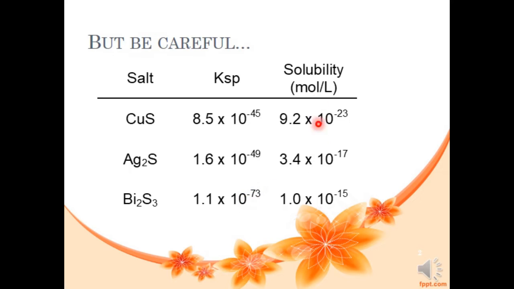However, if we look at the experimental value, the actual solubility of this bismuth sulfide salt is 1 times 10 power negative 15, which is the most soluble compared to the other two salts. So that's what I mean just now, it's not comparable if the number of ions are not the same.